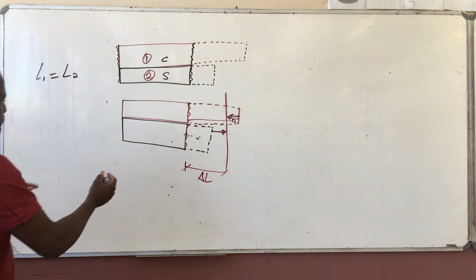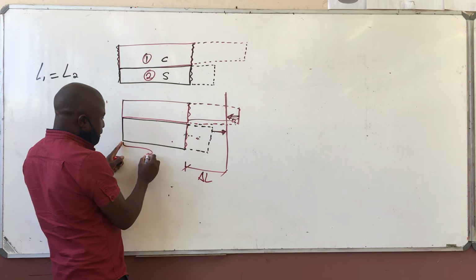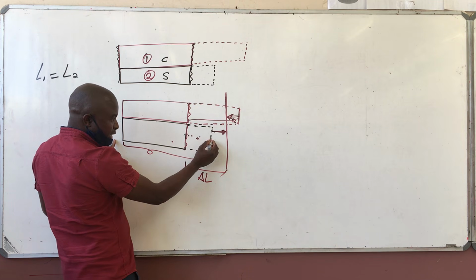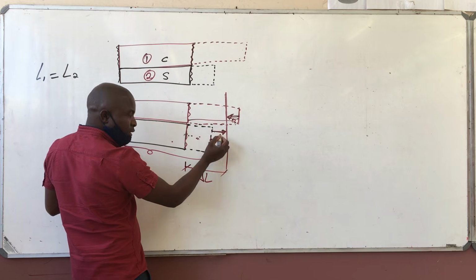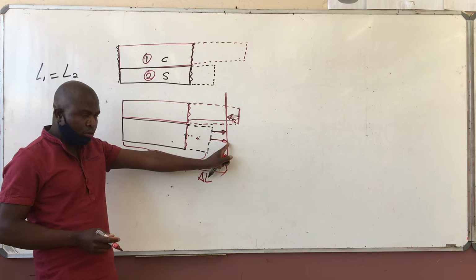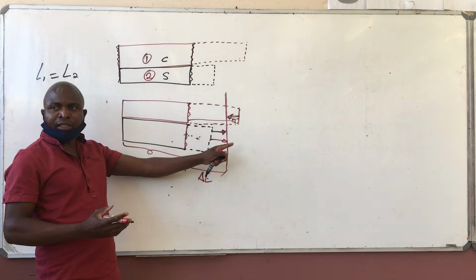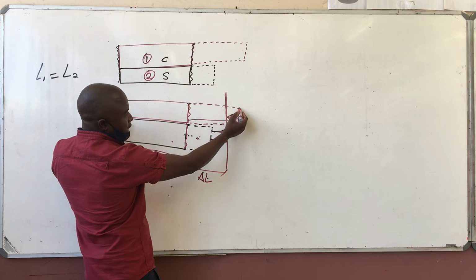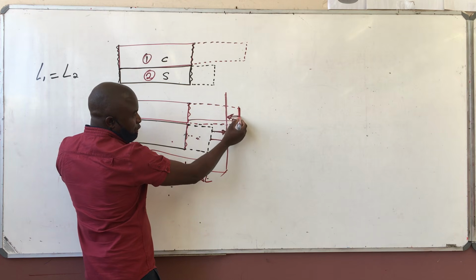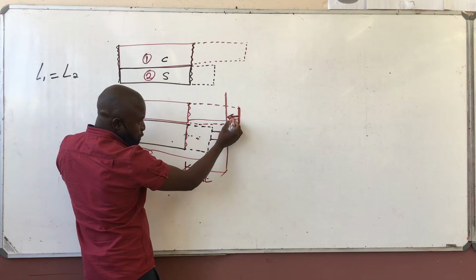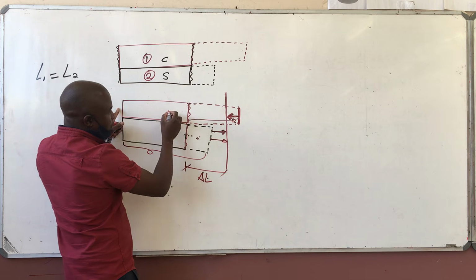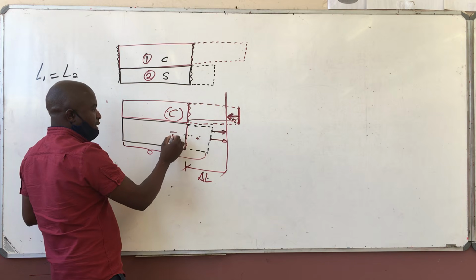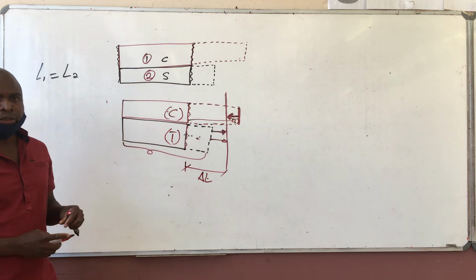Again, this one, due to temperature, was expanding freely, but when it gets here, it has to be pulled to that other position, so it has tensile. This one was expanding freely, but instead of reaching this position, it was pulled backwards. Therefore, this one will be compressive, and this one will be tensile, the types of stress you will get there.